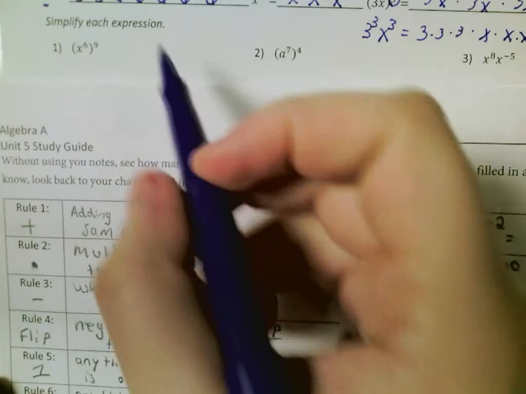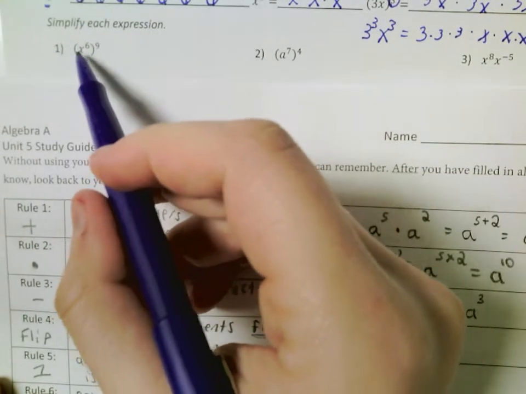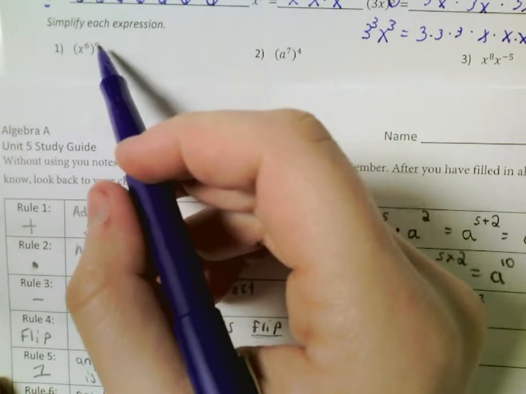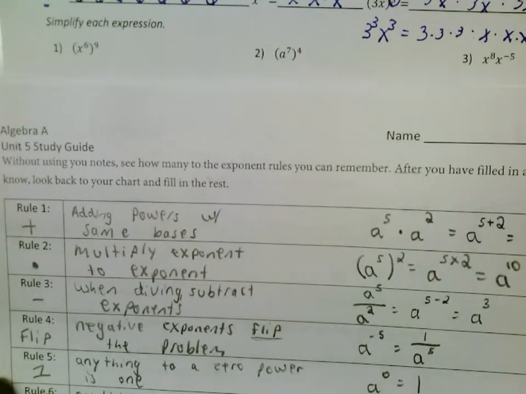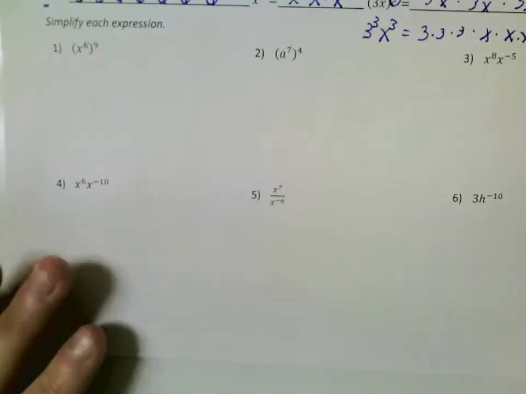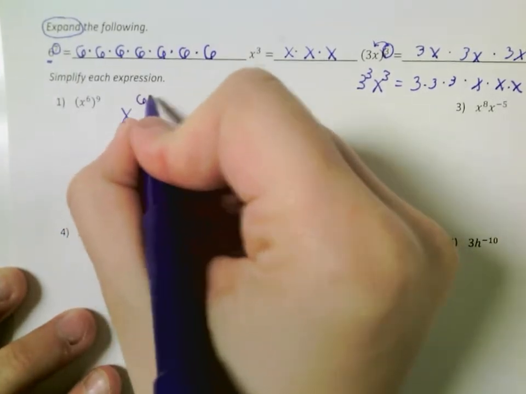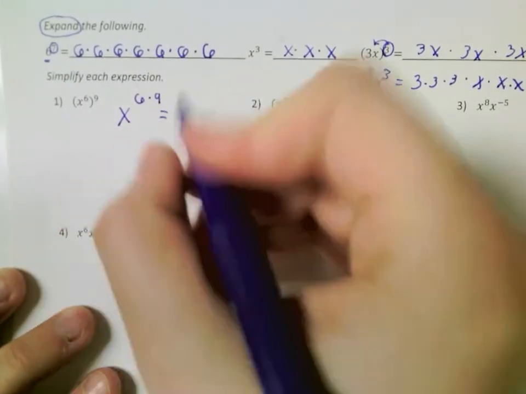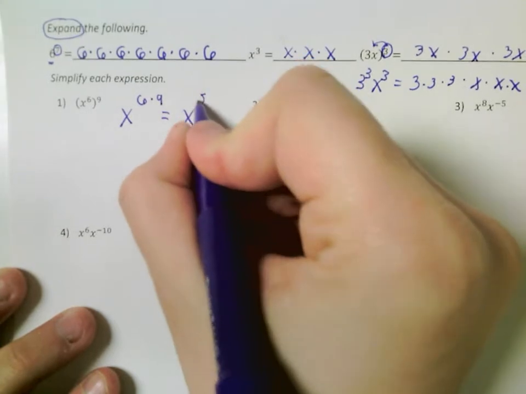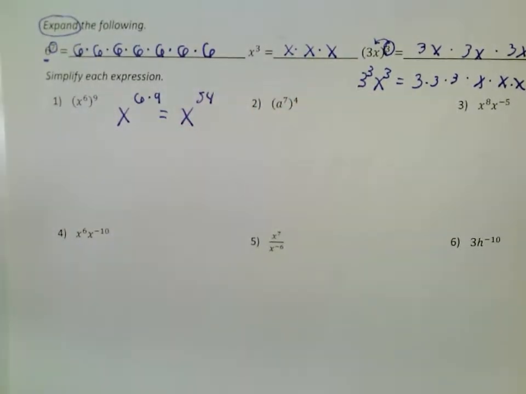It looks very similar to our first example, which is x to the 6th power to the 9th power. So slightly different numbers, and instead of an a, it's an x. But the rule still applies that I need to take 6 and times it by 9, which should give me x to the 54th power. Remember to keep that x. We're only talking about the exponents. We're not trying to change the base or anything crazy like that.